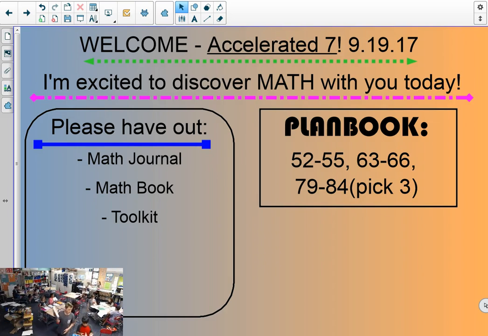Toolkit. Notes should go in toolkit. So until you run out of space in toolkit, have you taken notes beside the math notes boxes as well as in the blank pages? Where's my toolkit? I'm trying to show you. Alright, I'm going to use Kimberly's toolkit for a minute. Chapter 2.